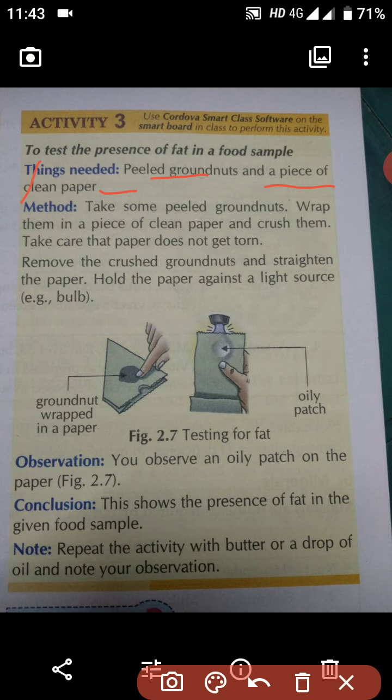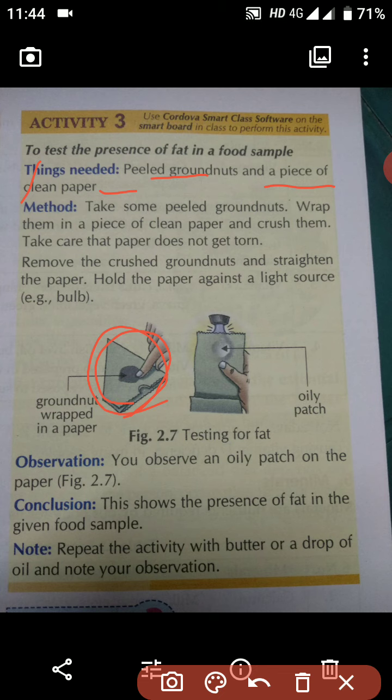At first you have to take a piece of paper, like you see here in the image, and then wrap the groundnut in that piece of paper. Then you have to crush them and make small pieces. Take care that the paper does not get torn.